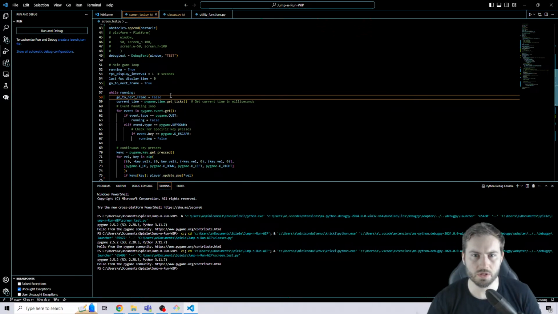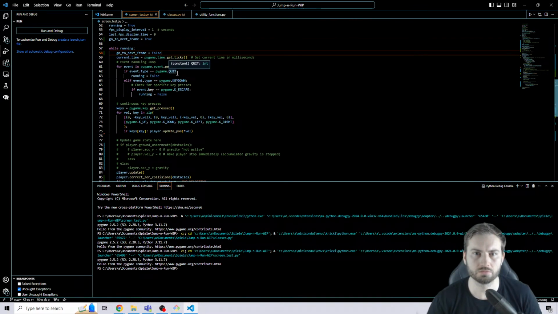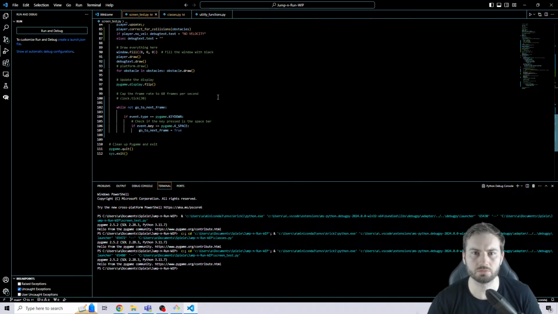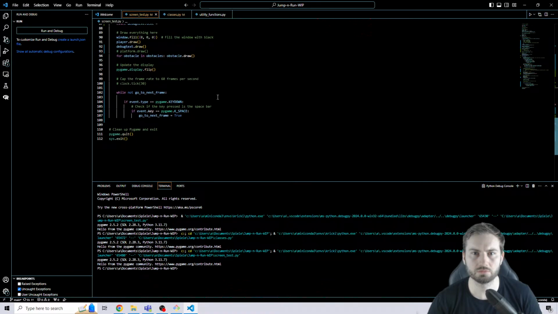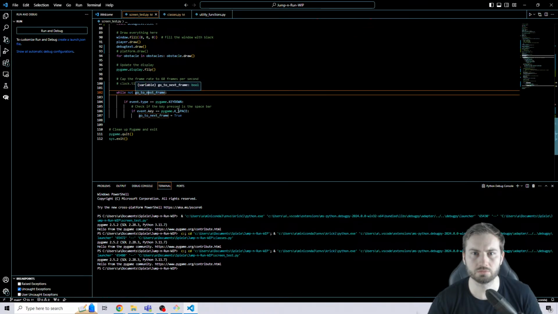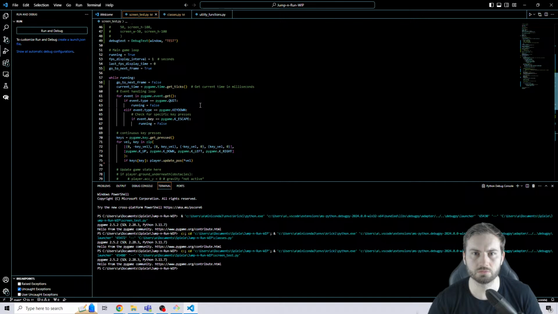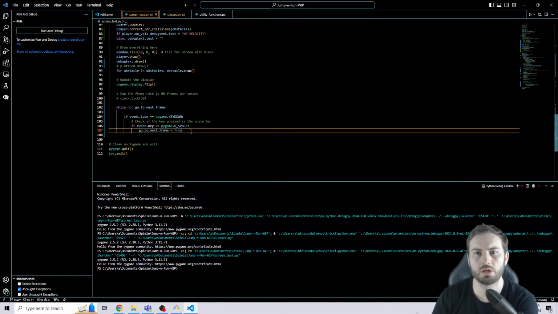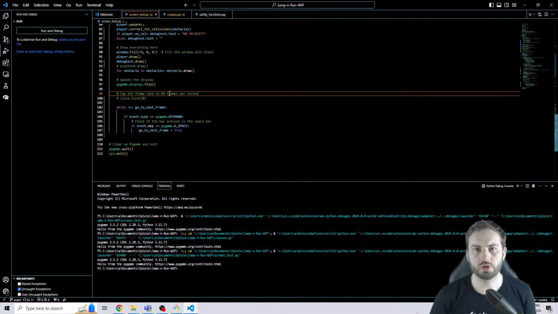While running, what's the difference here? We also have this variable here that it's running. But maybe I do the clock tick here.